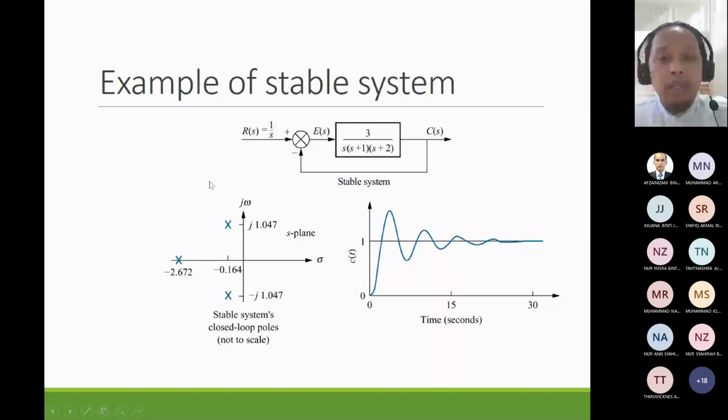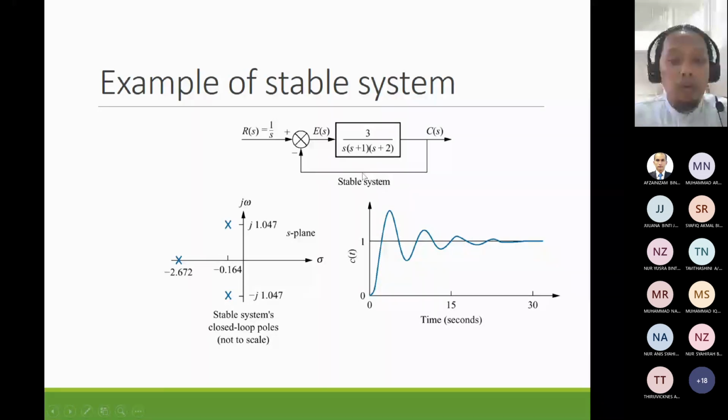Okay, so let's look at an example of a stable system. Let's say you are given this block diagram with the forward transfer function 3 divided by s times s plus 1 times s plus 2, and it has a feedback. The feedback here has no transfer function, so the value equals 1.